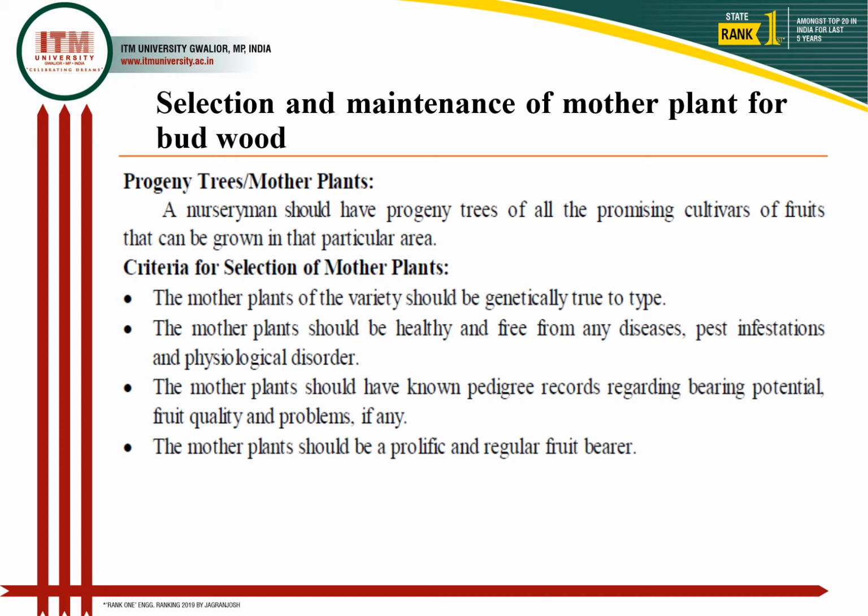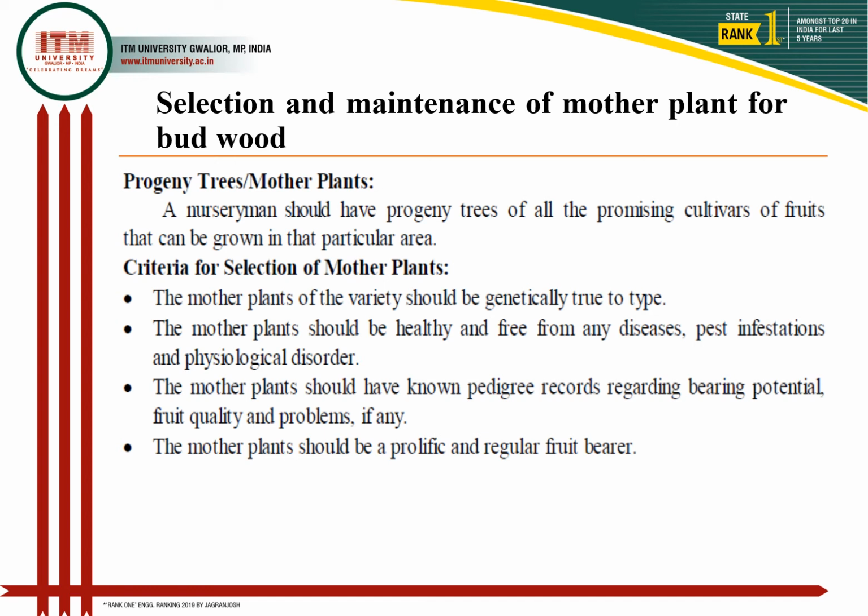The major criterion for selection of a mother plant is that it should be genetically true to type and a very well-known variety of that region, so that you will be able to grow it and sell it because of the demand. The mother plant should be healthy and free from any kind of disease, pest infestation or physiological disorder.